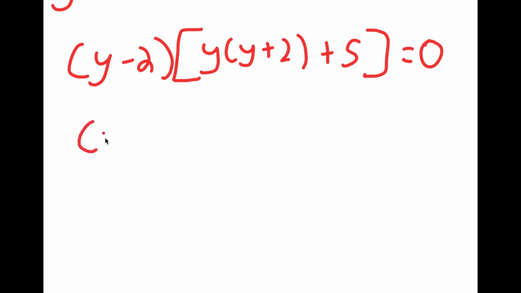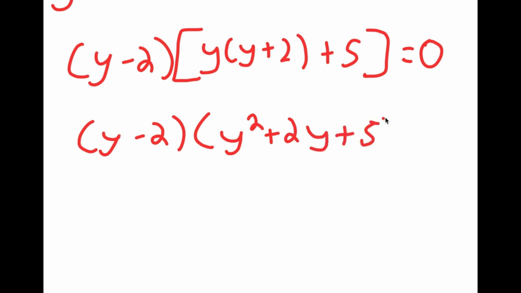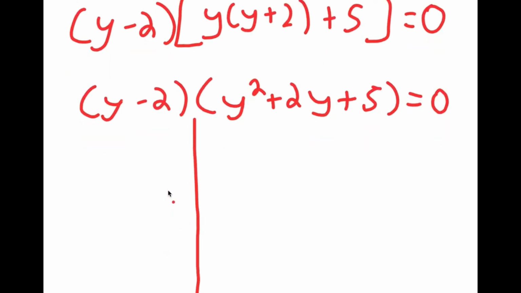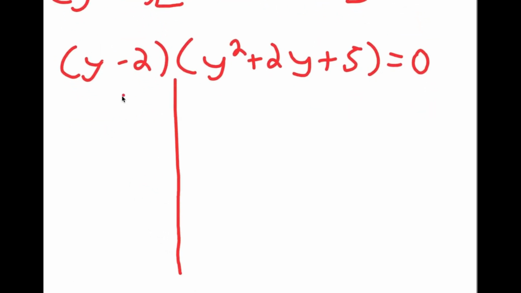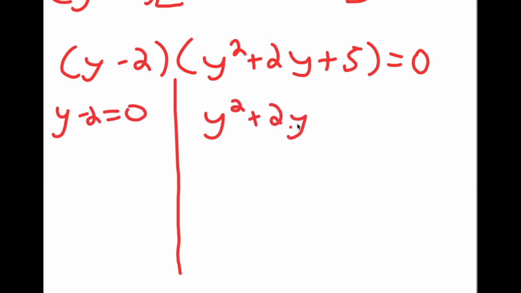And now if I simplify this, I get y minus 2 times y squared plus 2y plus 5 is equal to 0. And now I get two equations. I get y minus 2 is equal to 0 and y squared plus 2y plus 5 is equal to 0.